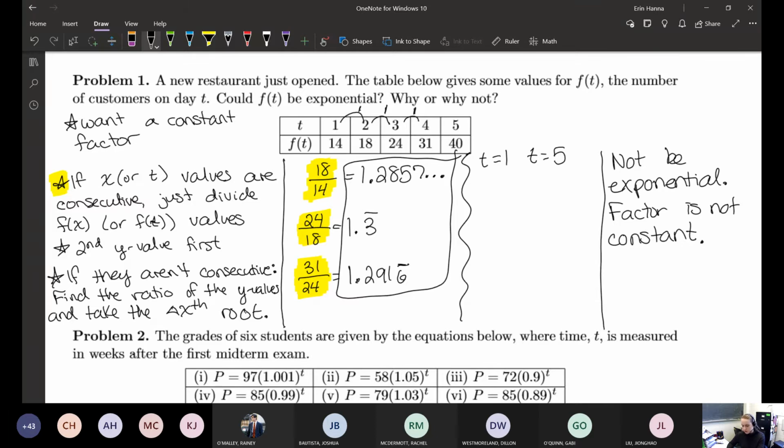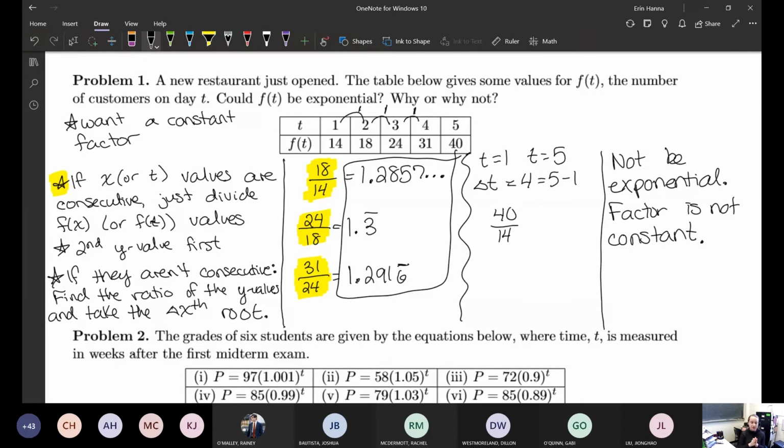Well, that means the change in t value here is 4, because 5 minus 1 is 4. So if I take their y values and take that ratio, 40 divided by 14, I still take the y value associated with the larger x value first.